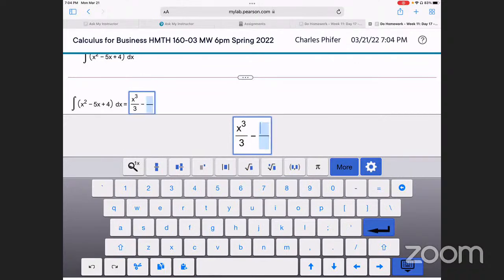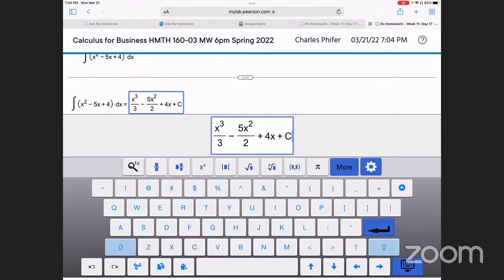And then plus 4x, plus c. We're just adding one to each exponent and dividing by that new exponent for these.